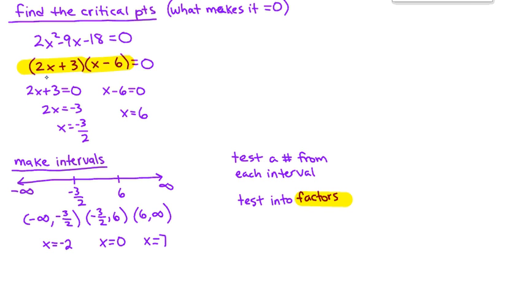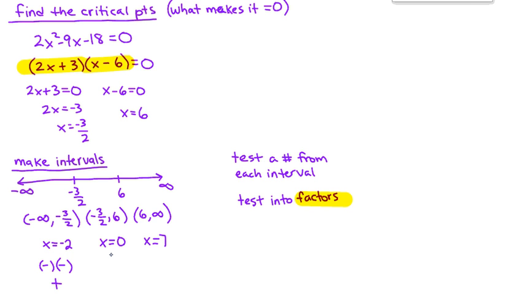We're going to plug it in for x into the first factor. 2 times -2 plus 3. That is negative. It doesn't matter what the number is. What matters is that it's negative. Take -2 and plug it into the other factor. -2 minus 6 is also negative. So we have a negative times a negative, which is positive.